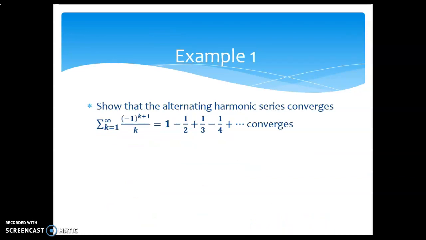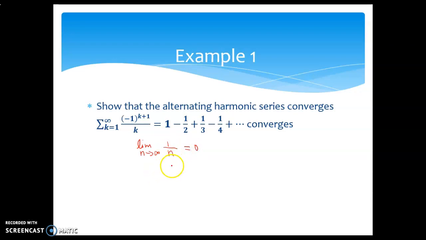So in example number 1, we want to determine whether this series converges. The first test is we want to find the limit of a_n. So we find the limit as n goes to infinity of 1 over n.